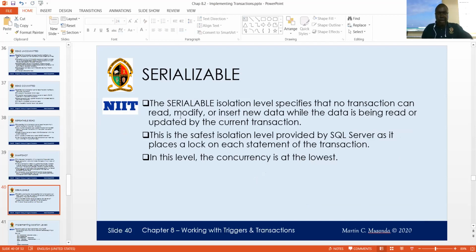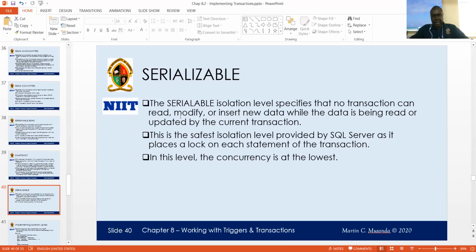Serializable isolation level specifies that no transaction can read, modify, or insert new data while data is being read or updated by the current transaction. This is coming from serial, meaning they have to be done in sequence, one after the other.